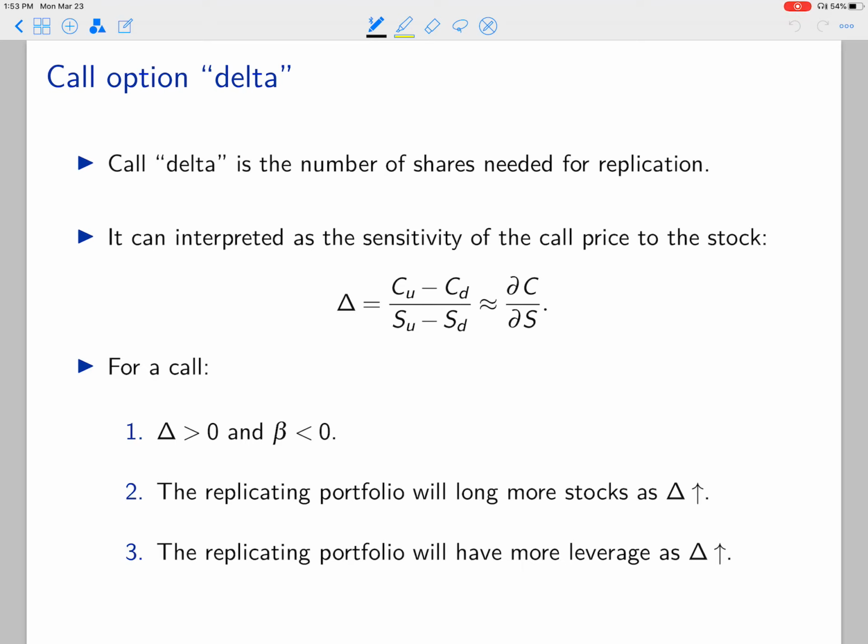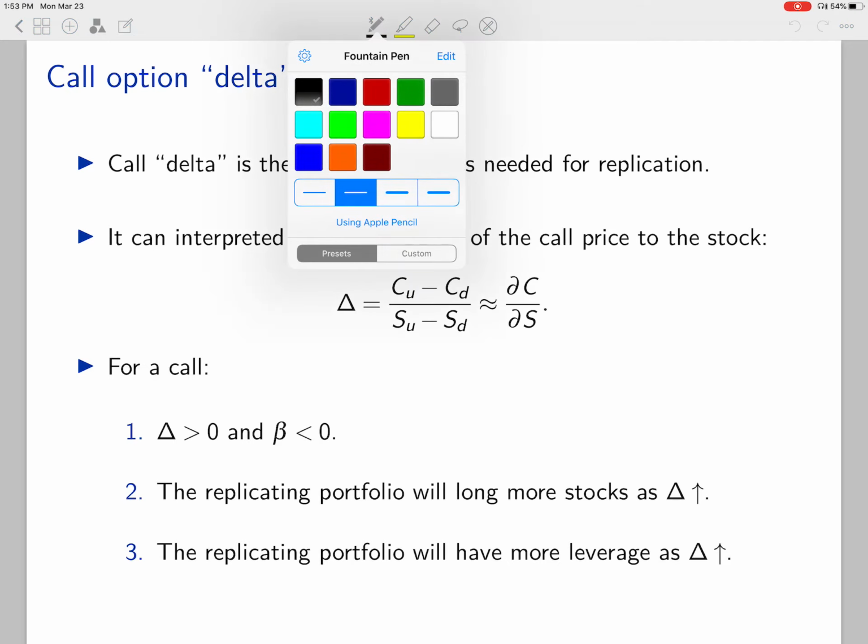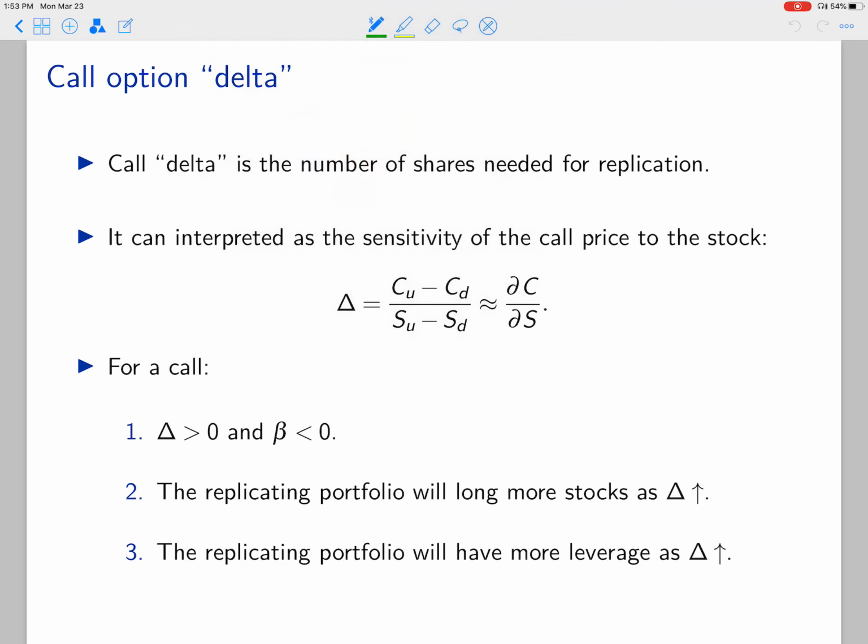For a call, we calculate the option delta by taking the change in the call price, I'll highlight it here in green, CU minus CD, from the upstate to the downstate, and dividing it by the change in the stock price from the upstate to the downstate, SU minus SD, which is the same as S0(U minus D).